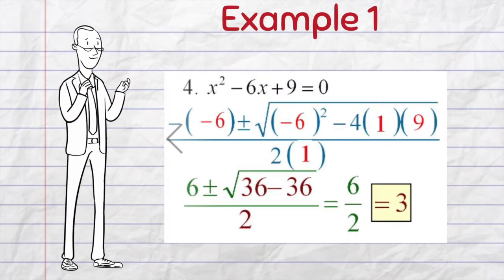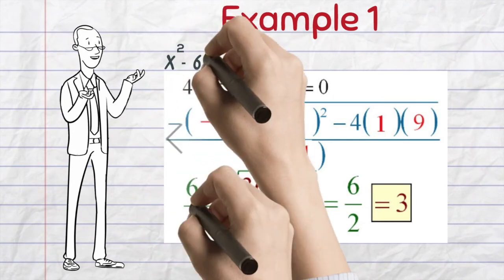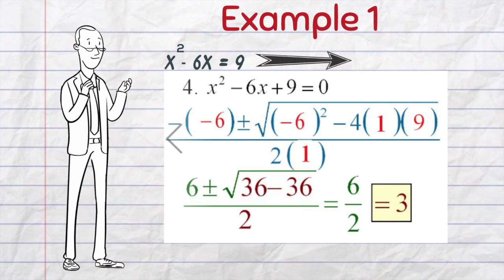Let's look at example number 1. The equation is x squared minus 6x plus 9 equals 0, and it is already in standard form. Note that if it is not in standard form, you will need to transform it first.